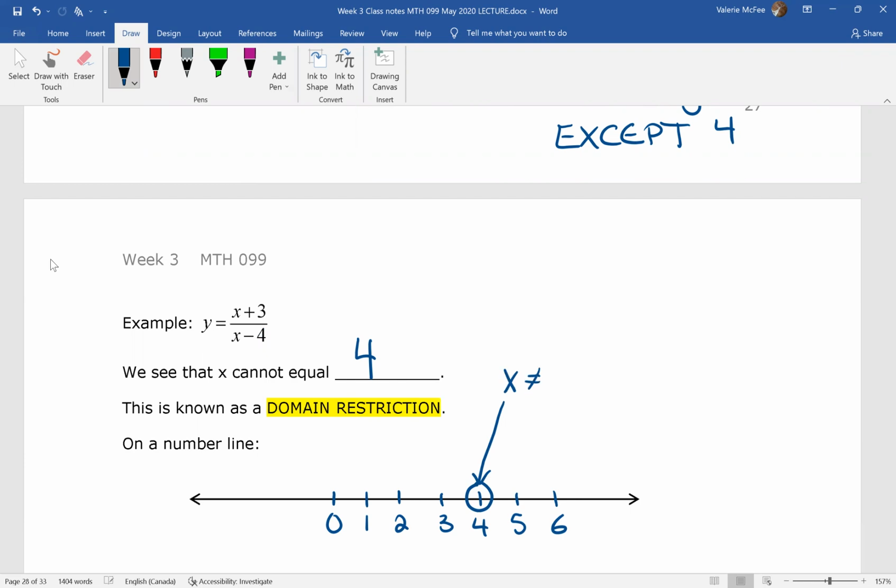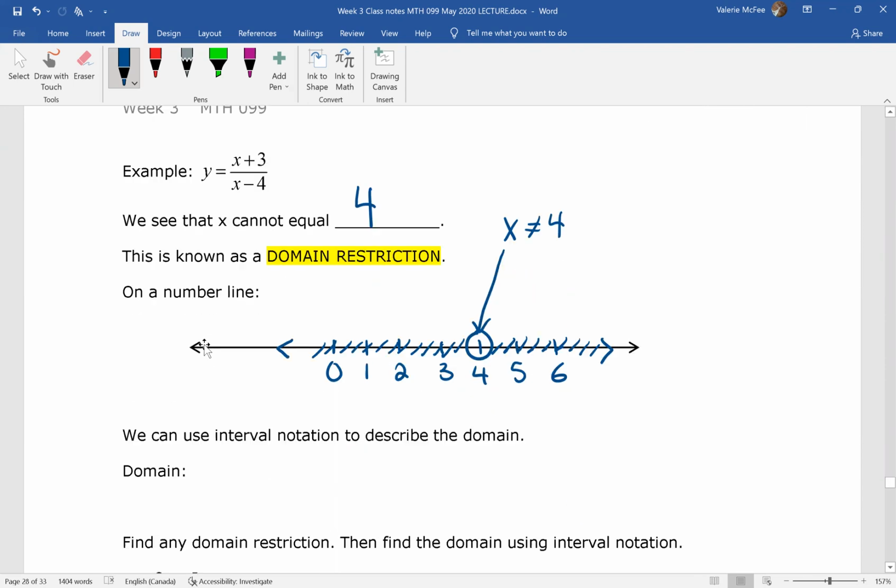X cannot equal 4, but it can equal every number down to negative infinity and every number up to positive infinity, not 4. We can use interval notation to describe the domain. Do you remember what we said about interval notation? We said that interval notation uses the endpoints.